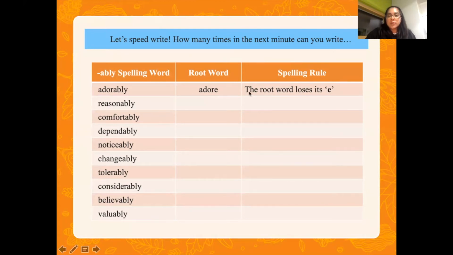And then all you have to do is work out what happens to the root word when you add the A-B-L-Y suffix. So in this case, the E is lost on adore, and then A-B-L-Y is added. So pause the screen here and have a go at filling out the rest of the table. Can you notice any patterns?